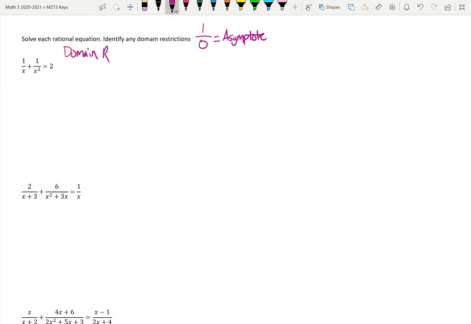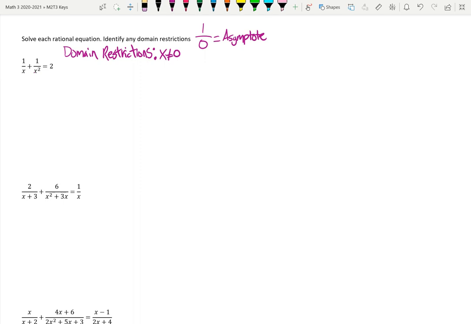So let's look at each fraction in the equation and see what values will cause the denominator to be 0. Looking at this first one, I see that x cannot be 0 for both the first fraction and the second. 0 makes 0, and 0 squared is still 0.